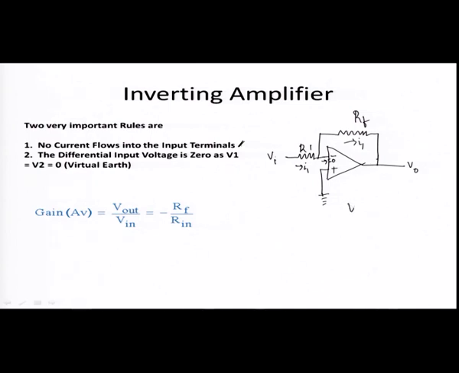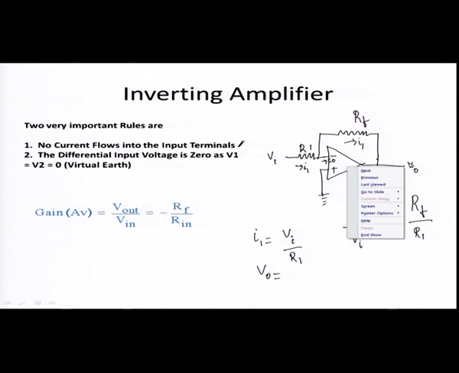Now I am going to derive the equation for the gain of the inverting amplifier as minus RF by R1, for which I1 is given as Vi by R1.